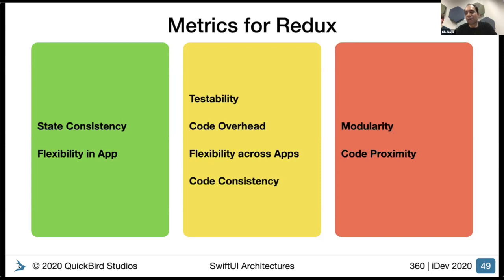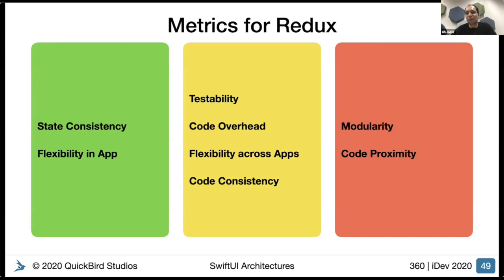But if you want to test individual components, you will need to make sure the store and the reducers are in the right state, and I think it's not as easy. You might need to mock a lot of states to get into the right state for the view.